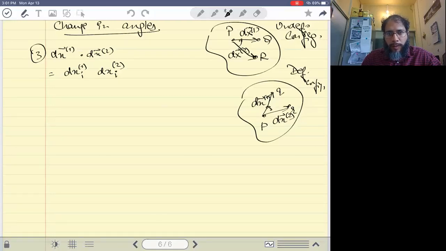What we are doing now is a more generalized analysis than we did in the previous step. The previous step will come out as a special case of this, because if we put 1 equals 2, that is, we assume the angle between them is already 0, we'll get whatever we got in the previous steps. But it's worth going from specific to more general to understand things in a better way.